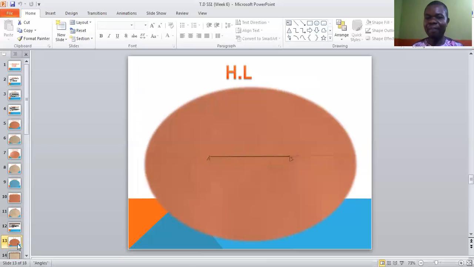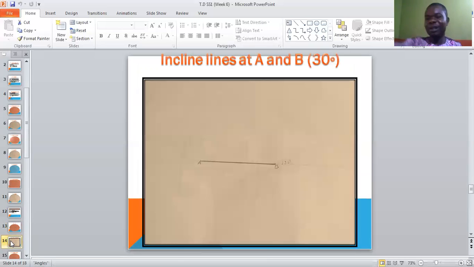This is AB. This horizontal line, AB, I call it H.L. That's the horizontal line, AB. Then you mark off the length and make it bold. That is the next thing you have. After that, you know how we did in the case of prism. You know how we did it here, it's 30, you take it off, here it's 30, take it off.